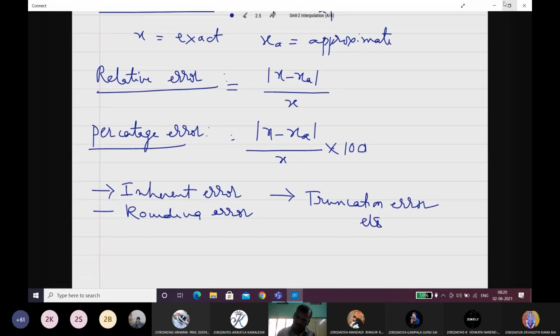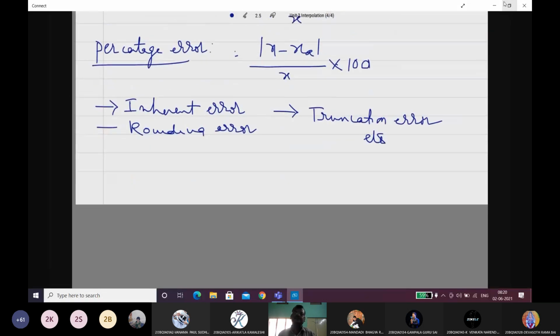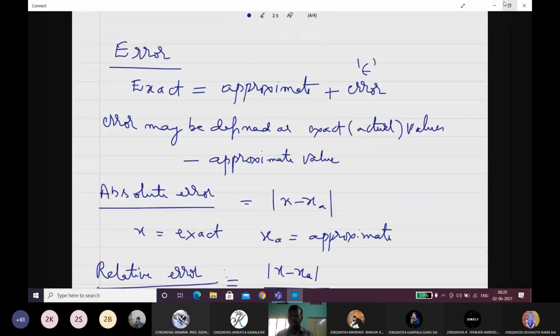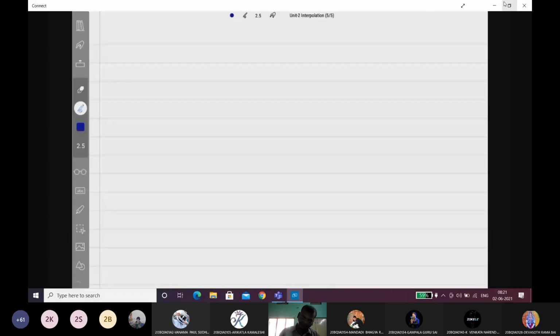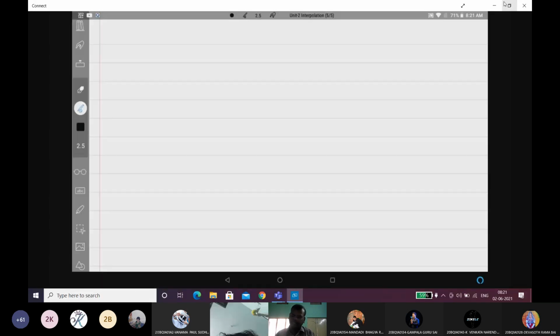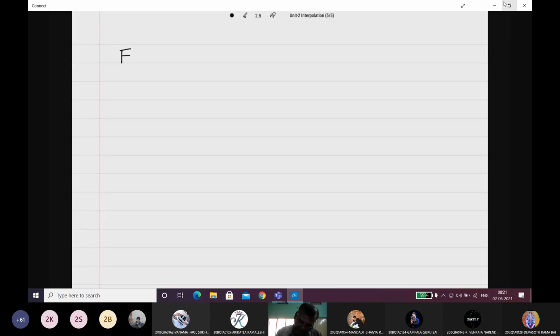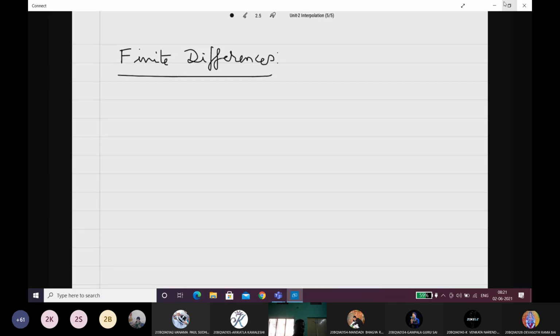Finite differences deal with the changes that take place in the values of the function due to finite changes in the independent variable.